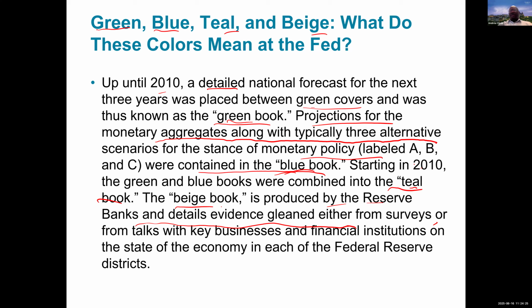So if you're a member of the Federal Open Market Committee, you want to look for information about how the regional economies are doing, like how the economies within the Texas region are doing. You're going to find that the Dallas economists would have placed their forecasts or surveys of business activities within the Dallas region in that beige book.